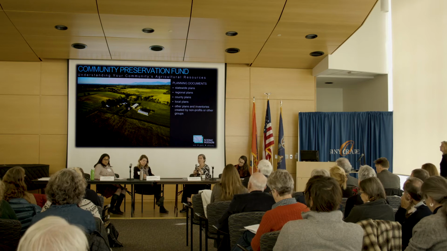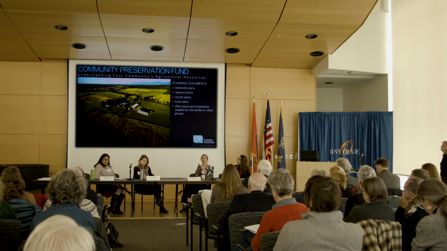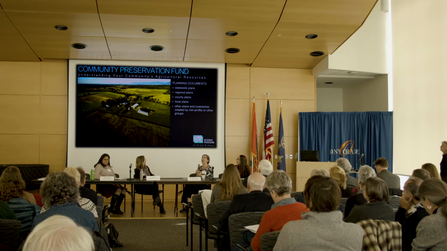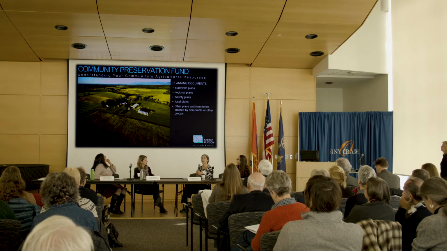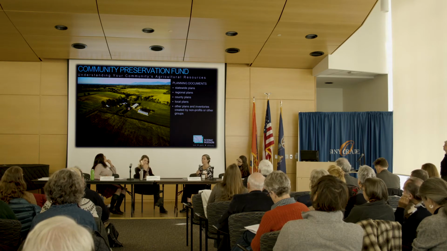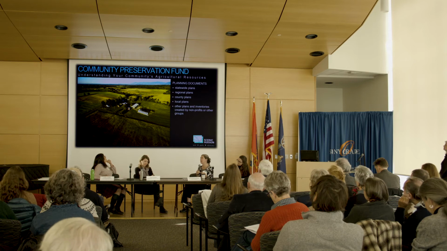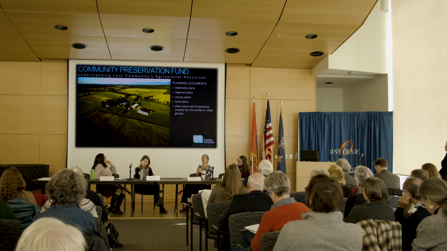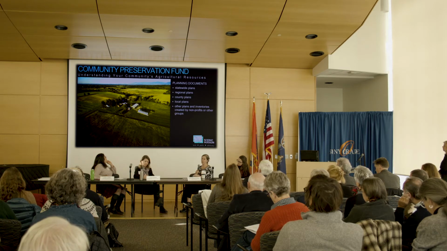There are also a suite of planning documents out there available. Look and see on a statewide, regional, county, and town level what you already have and what inventories these already include and what planning they've already attended to. So again, at the statewide level, everything from the open space plan that might focus on farmland protection, either as a regional concern or within your region, might also include individual parcels.